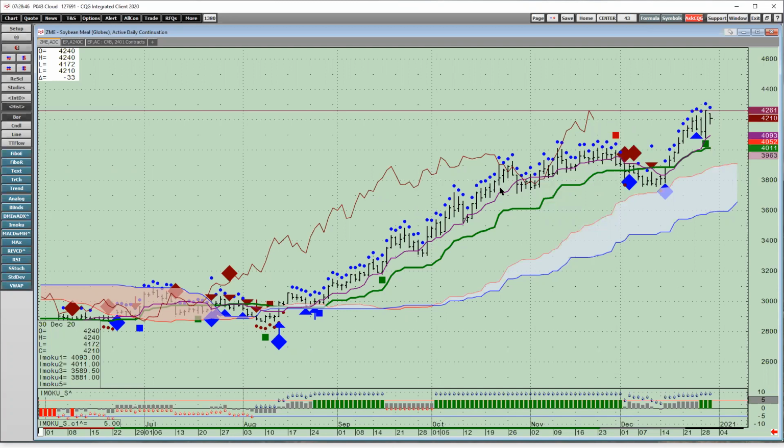Here you can see it went down below the highs, but it didn't close down there. Maybe it did once, because I do see a red dot right there. So you don't have to look back. Those are the key indicators.